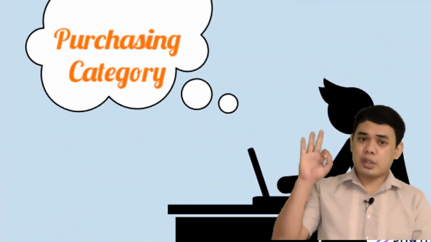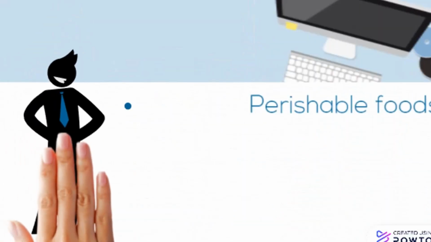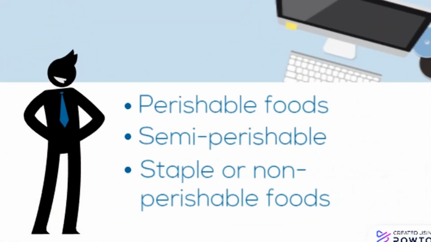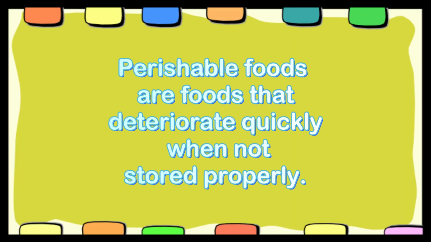Purchasing has 3 categories, namely perishable, semi-perishable, and staple or non-perishable goods. Perishable goods are foods that deteriorate quickly when not stored properly.